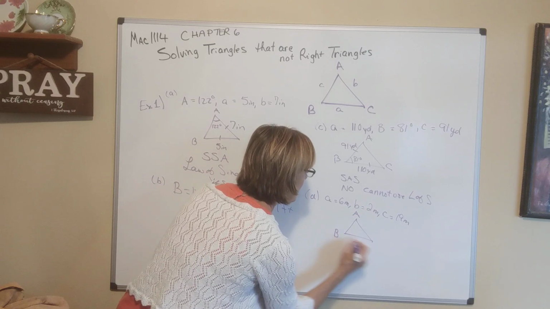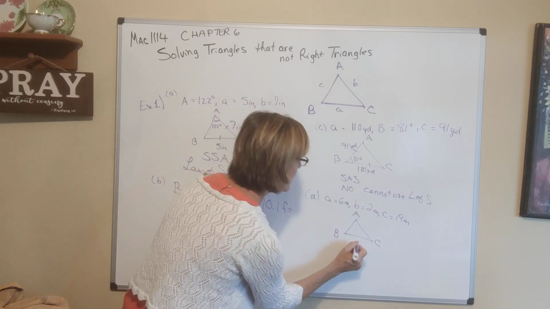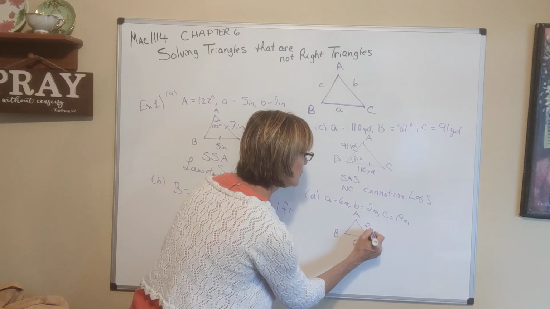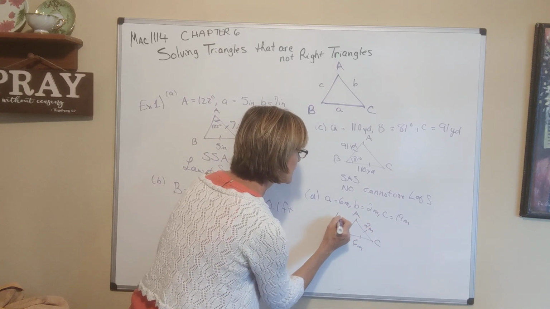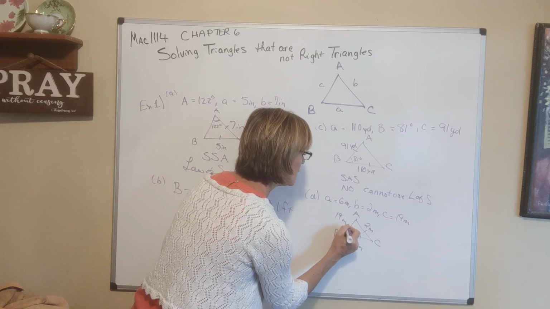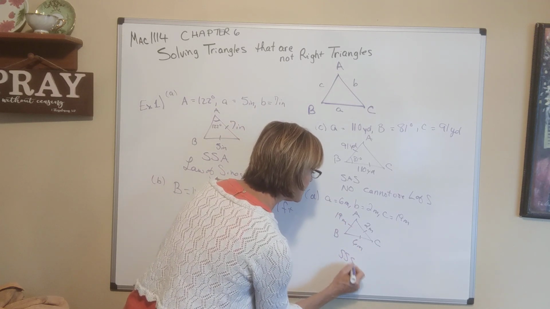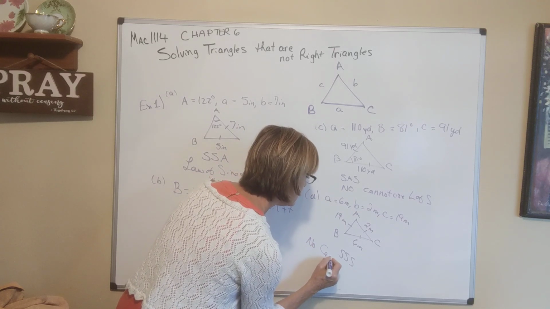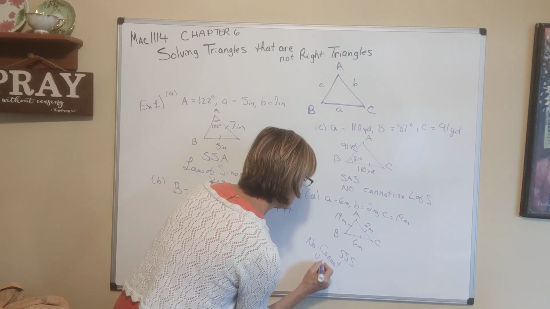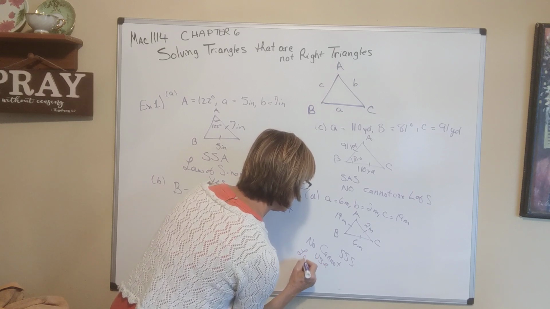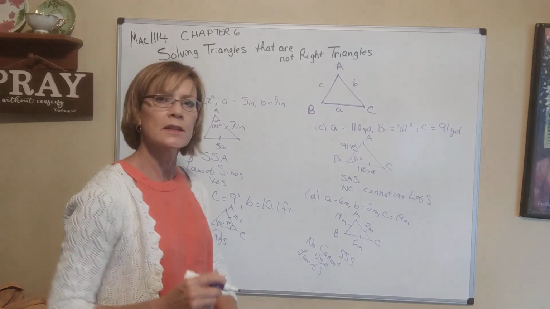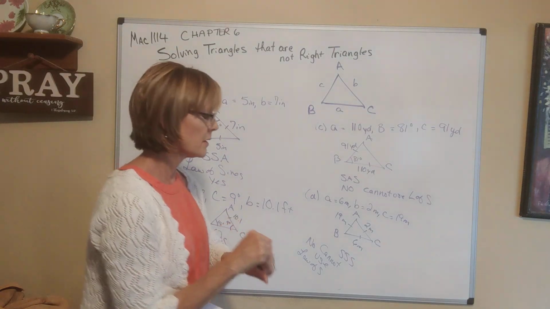A, B, C. They tell me little a is 6 meters, little b is 2 meters, and little c is 19 meters. And this is side, side, side. No, I cannot use law of sines here.